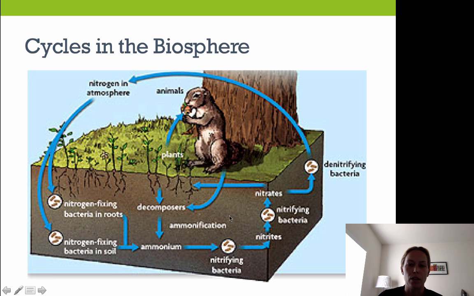So here's an example of the nitrogen cycle. So we have nitrogen in the atmosphere. We've got our nitrogen-fixing bacteria on the roots of plants and in the soil that converts it into ammonium.